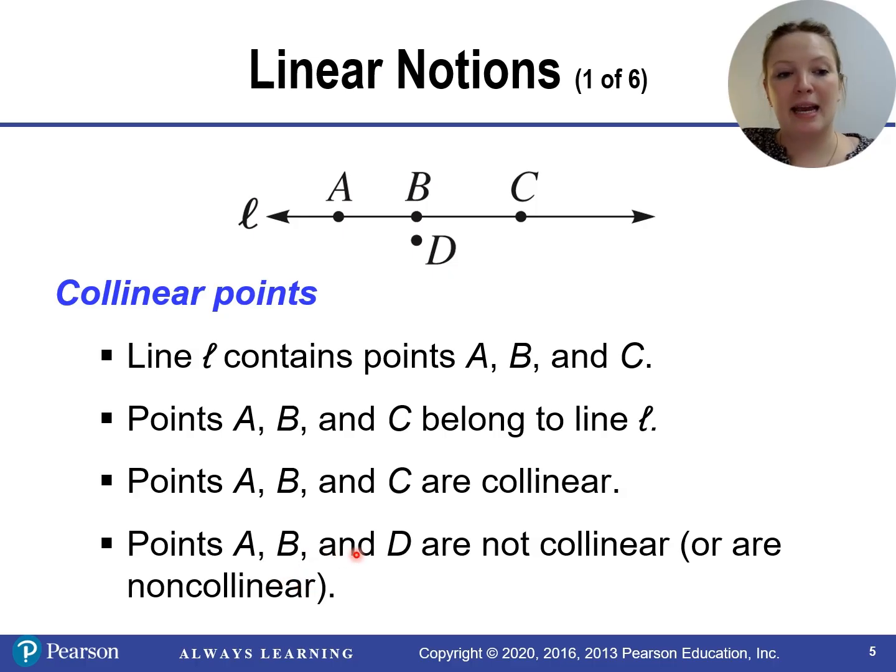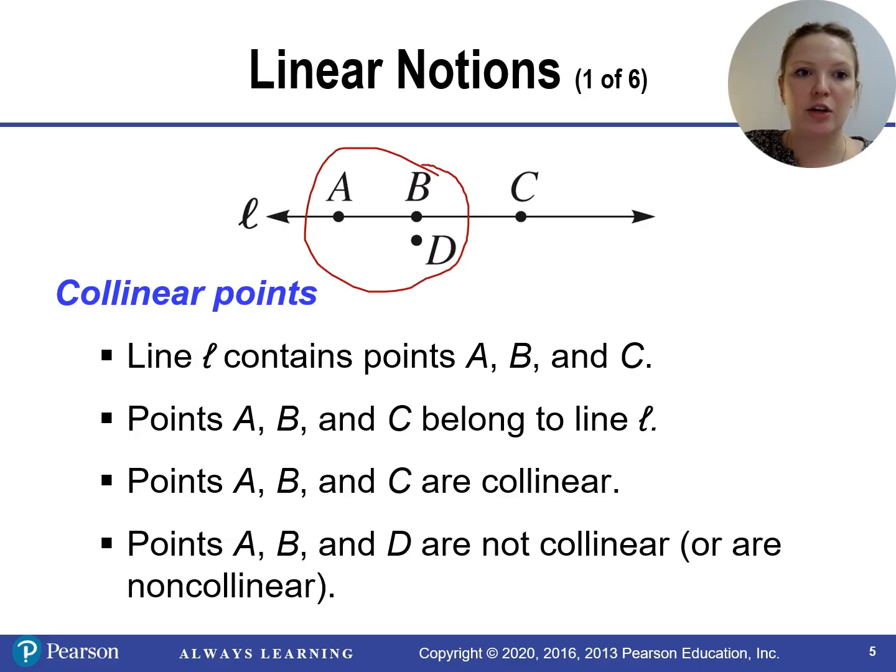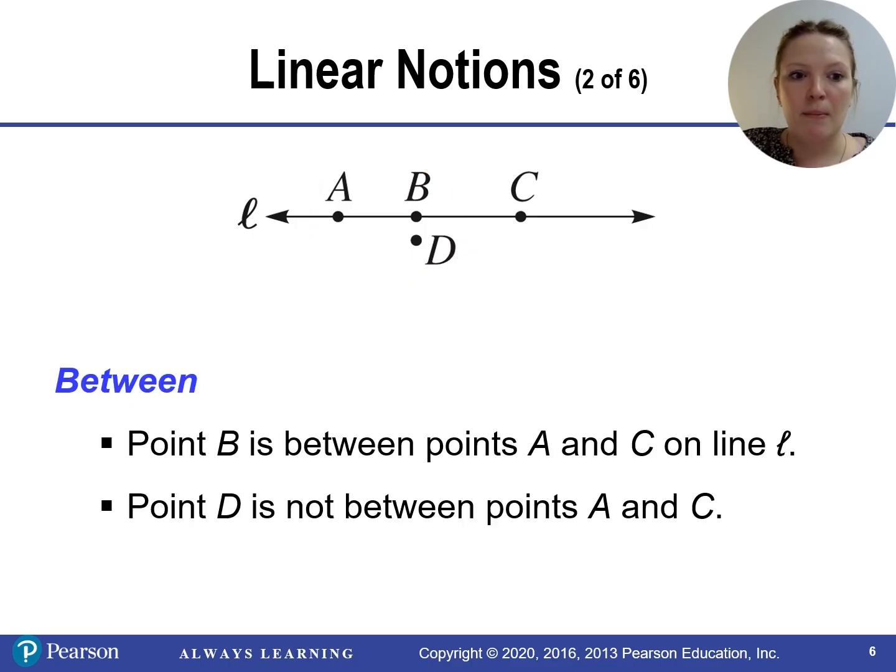But points A, B, and D are not collinear because there is no line that could go through all 3 of those points. Point B is between points A and C on line L, but point D is not between points A and C. So that's one of the reasons that they are not collinear.